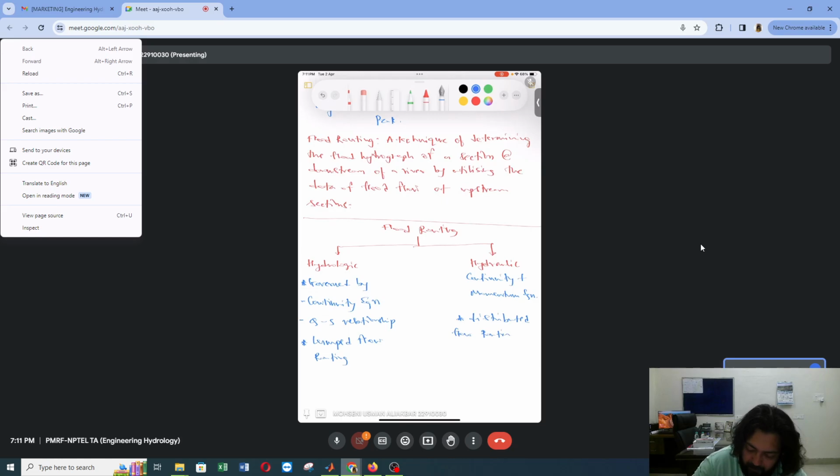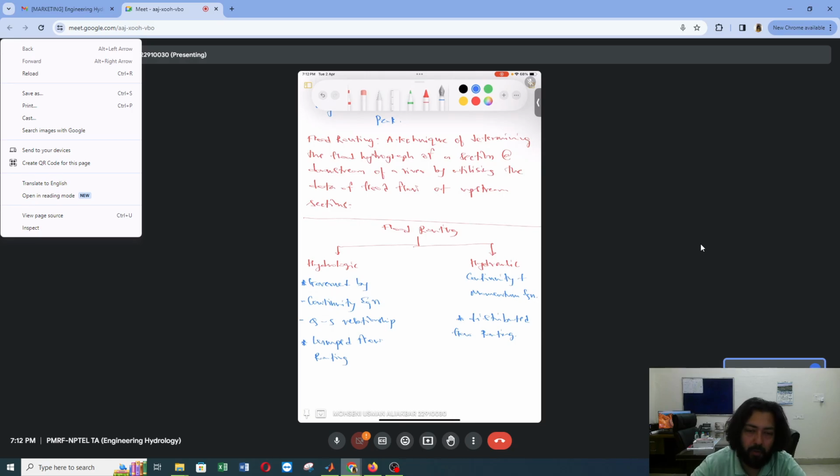So in the previous class we have learned about different types of hydrological models, right? There we talked about lumped model and distributed model. So what is the difference between the two? Lumped model is where we ignore the spatial variation in the data. So we assume that the entire catchment has similar properties.